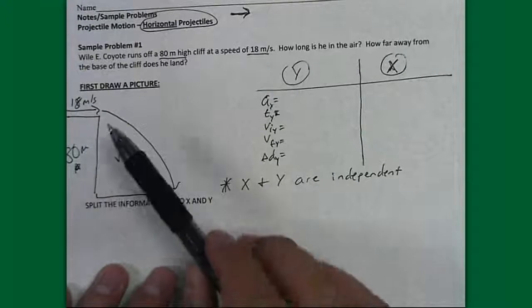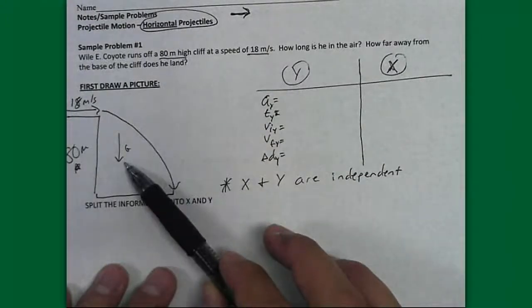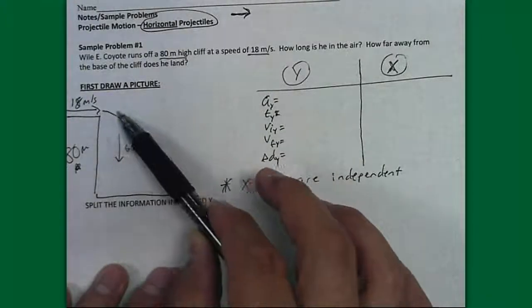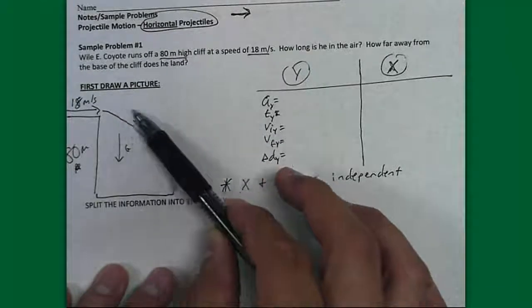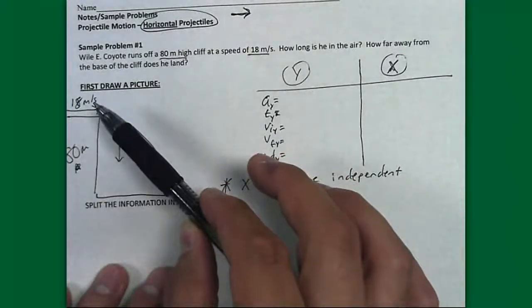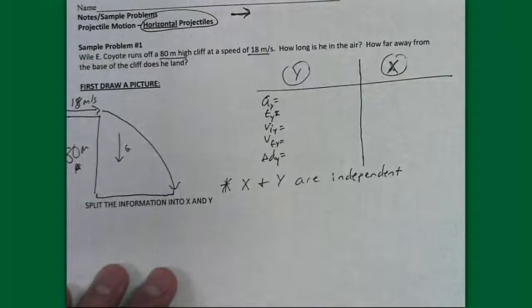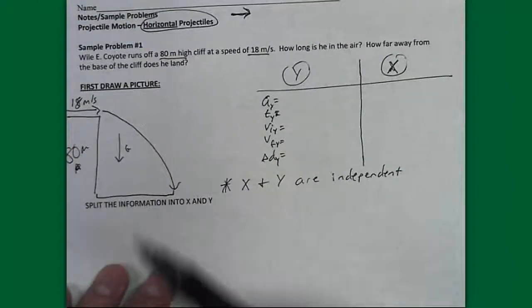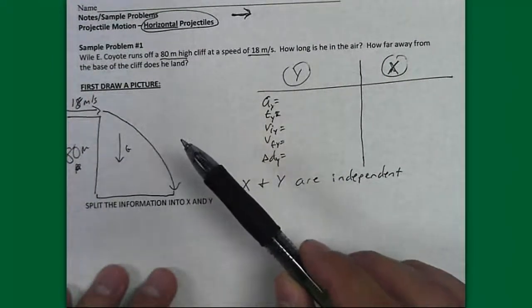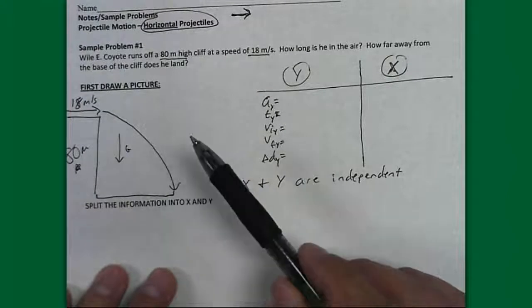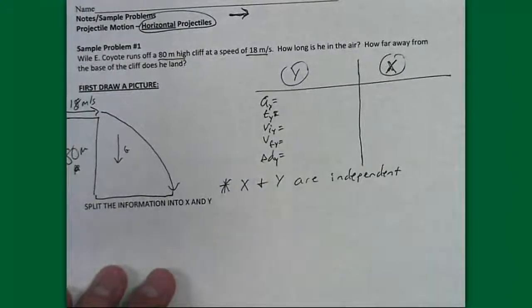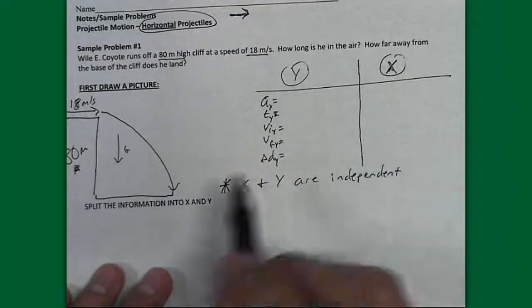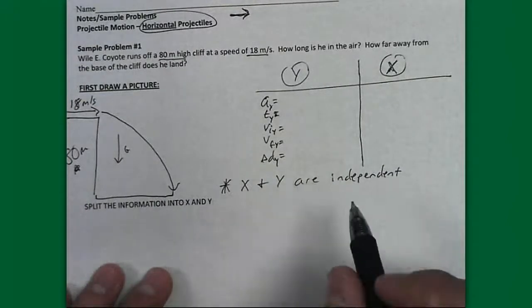But the question is, if forces cause speed to change, is there any force acting in the x direction once Wile E. Coyote leaves the cliff? And as long as we can neglect friction due to air resistance, the answer is no. And in this class, we are neglecting friction due to air resistance. No forces in the x direction, therefore there's no speed change in the x direction.